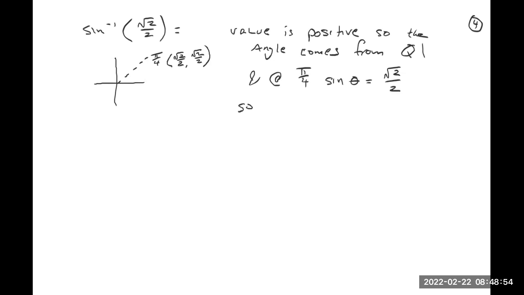So the arc sine of square root of 2 over 2 is precisely pi over 4. That's the angle that if I said, what is the sine of pi over 4, you would say square root of 2 over 2.